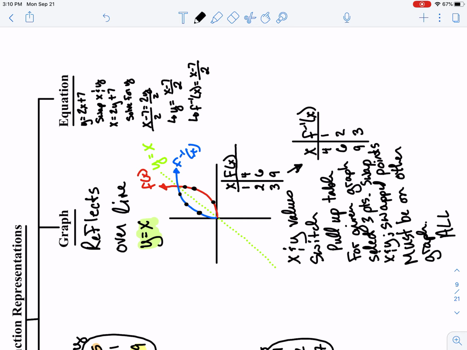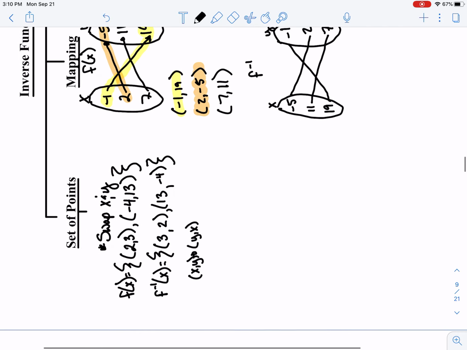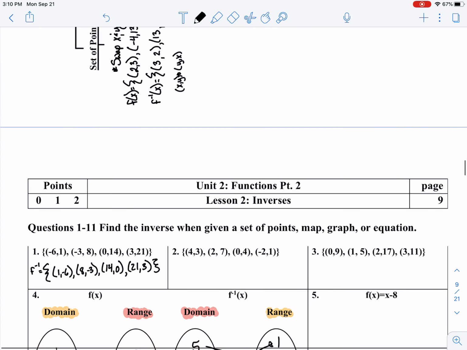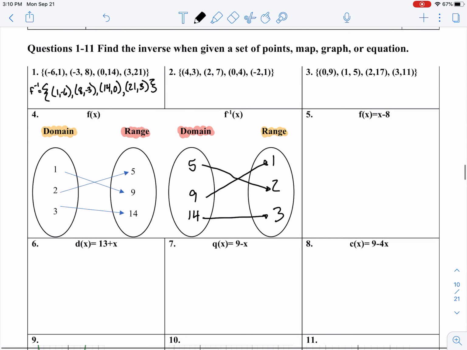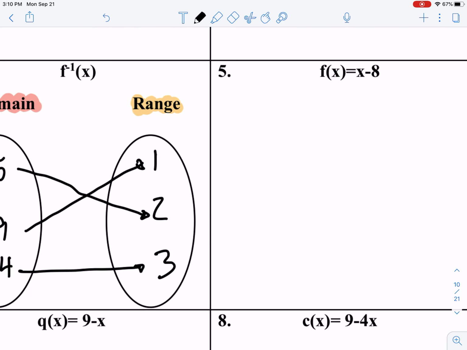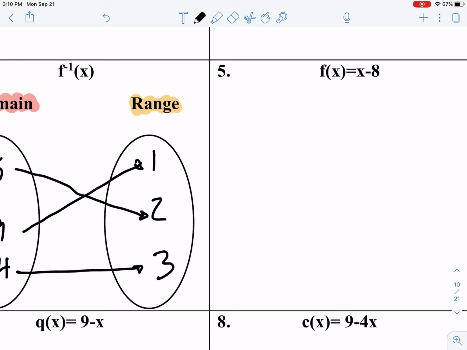So for example, if we go to page 9, say the equation f of x is equal to x minus 8. We have a couple answer choices. A, let's say x plus 8. B, 8 minus x. So of these two, which one is right?